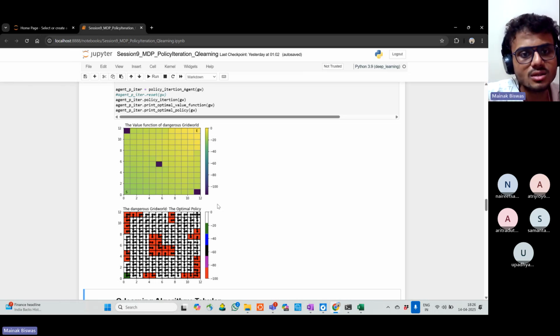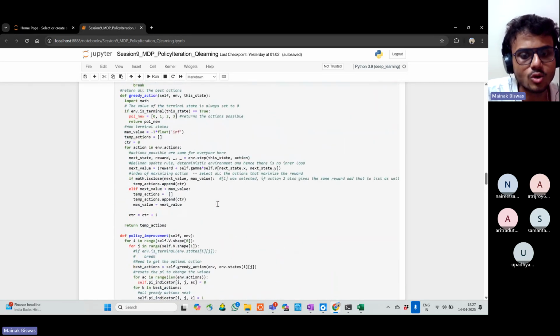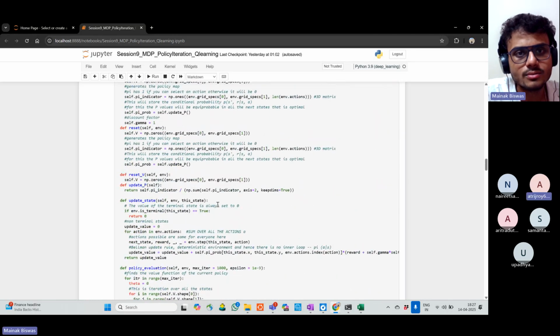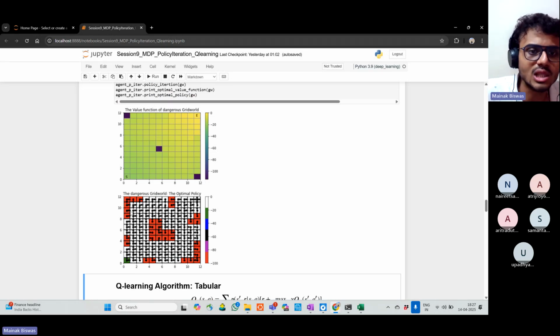Any questions? We have solved value iteration for a complicated MDP. I'm happy to share this. I've already shared the code, and I'm happy to go over the code once again if you have any doubts. Any questions? With respect to the output, we can have various paths. Yes, this shows all the paths.